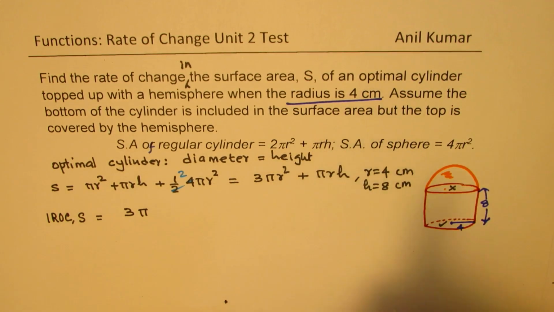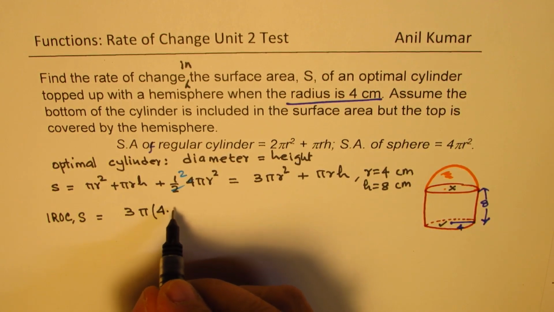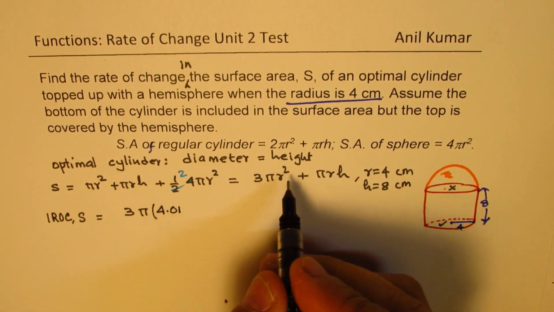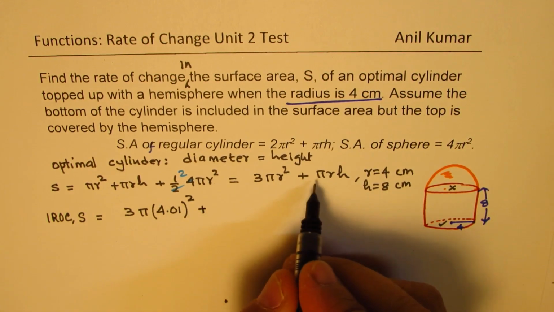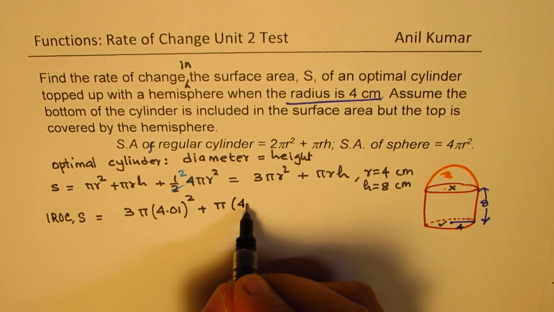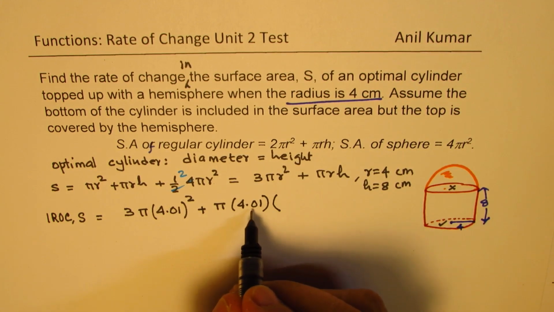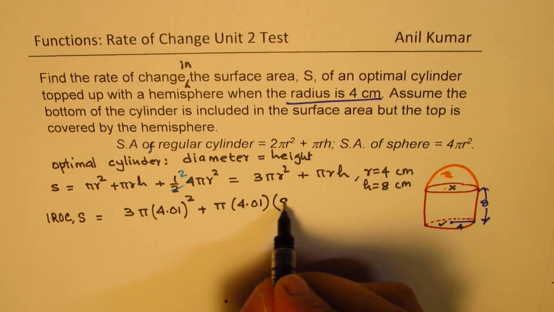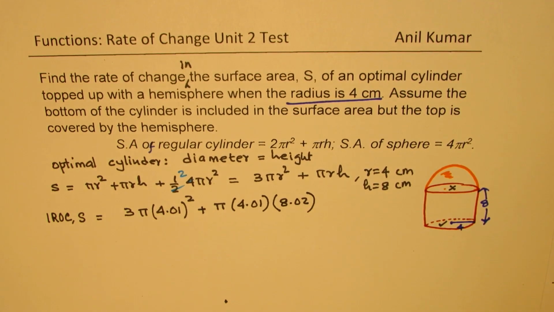So first we'll take r as 4.01. We're just doing calculations with a calculator, right? So plus pi. r here will be 4.01 times height, which is twice this, so it is 8.02. So that is the surface area when it is 4.01.